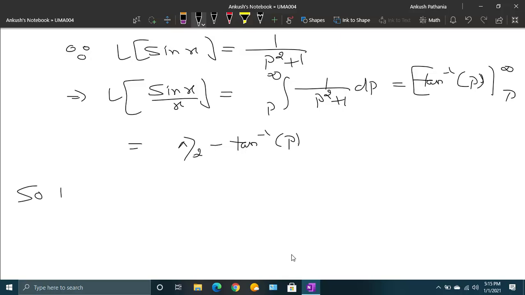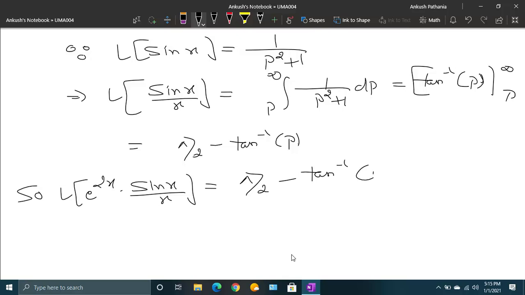So finally, the Laplace of e raised to power 2x dot sin x upon x is pi by 2 minus tan inverse of p minus 2. This is the Laplace that I need for the formula.